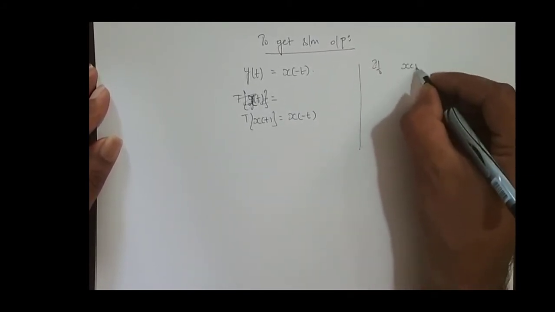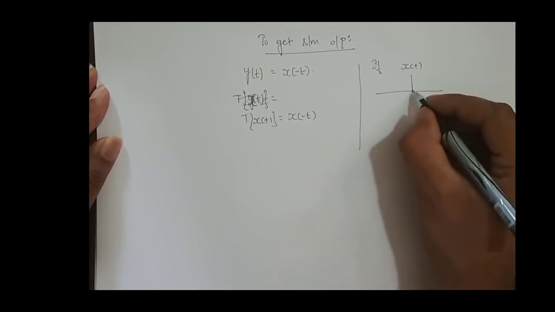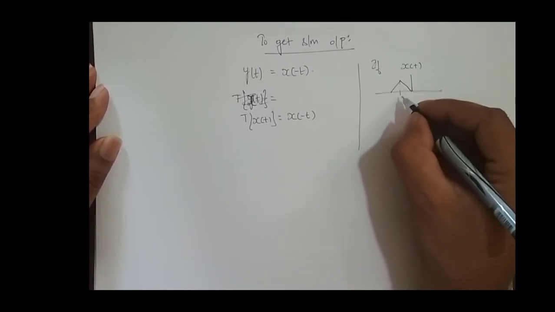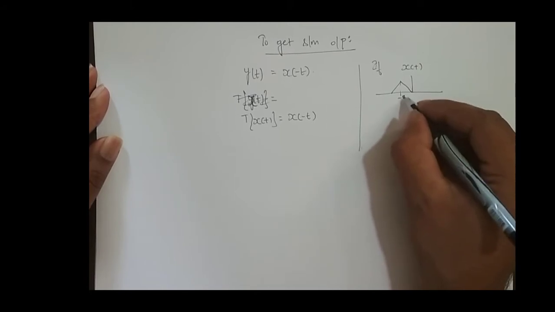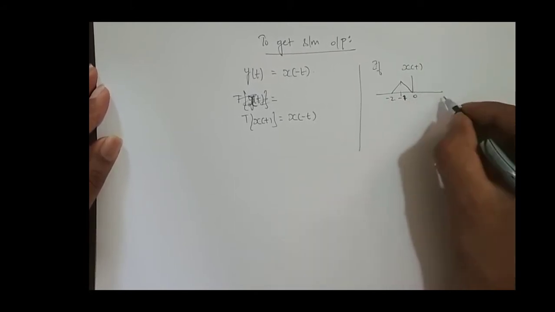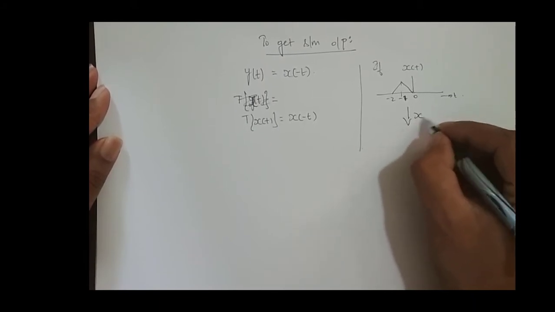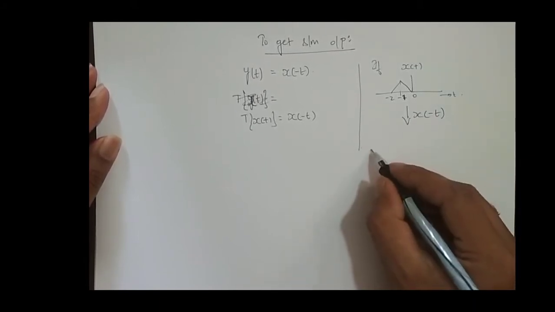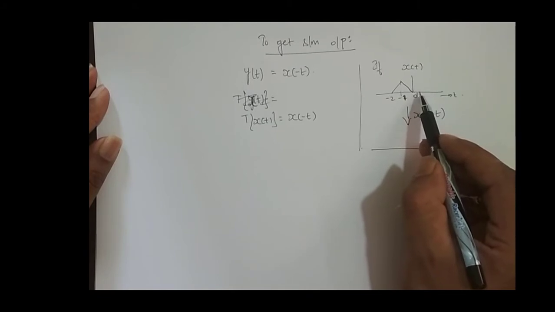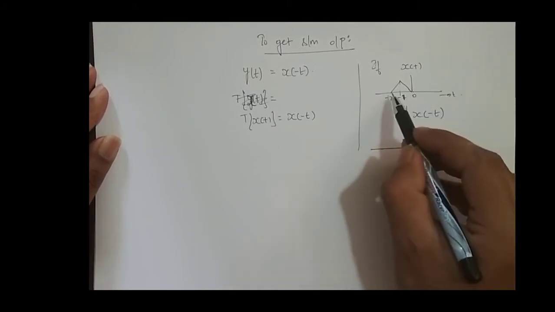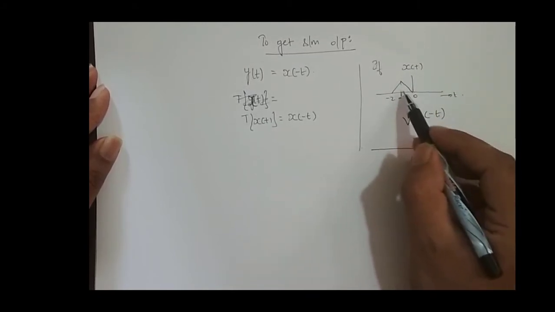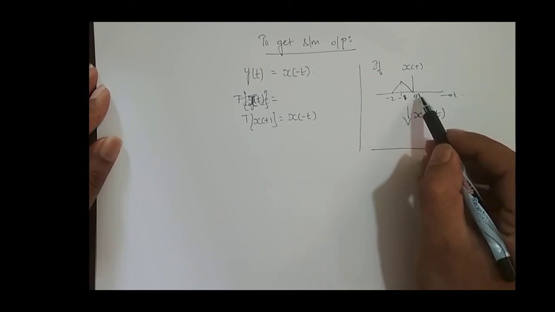if x of t is something like this, with amplitudes at minus 2, minus 1, and 0 on the t axis, what is the x of minus t version of it? It is nothing but all the amplitude in the positive side of t goes to negative, and all the amplitude in the negative side of t goes to the positive side of t, right?